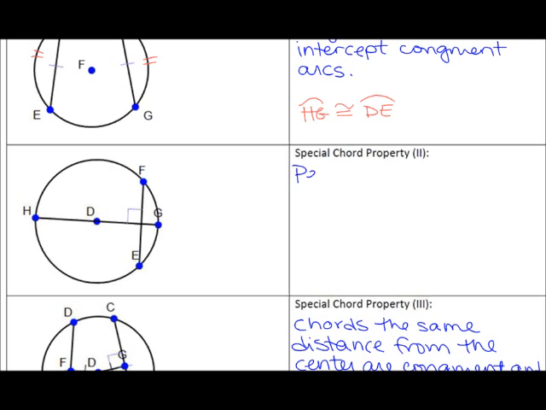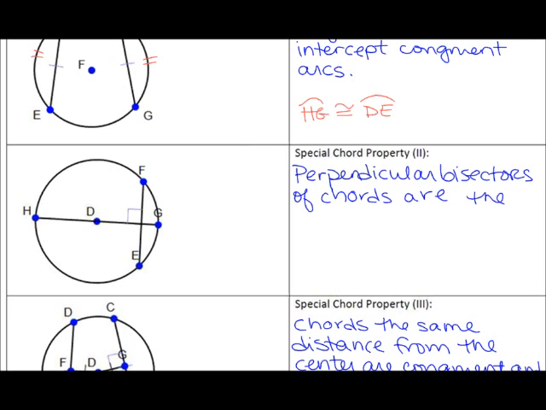So we can write that as perpendicular bisectors of chords are the diameter of the circle.